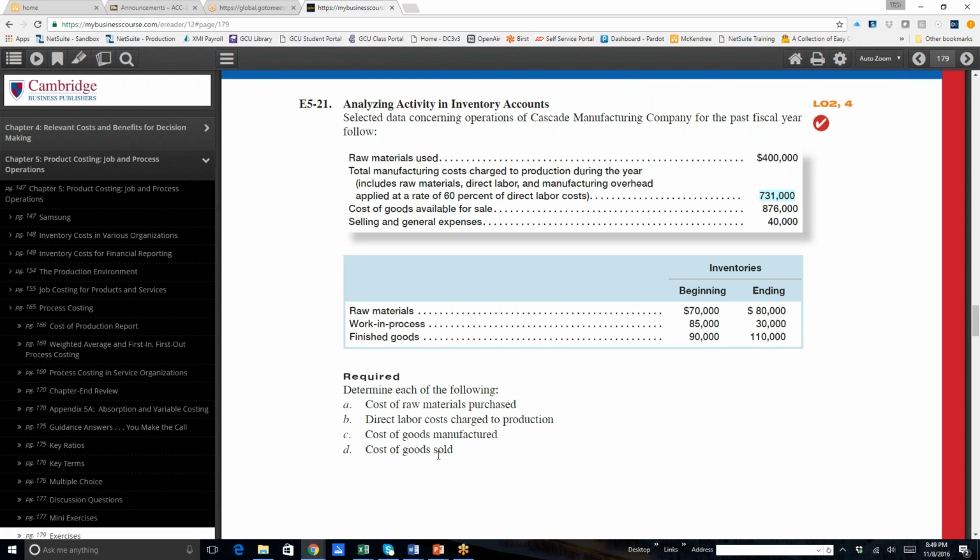So you have to treat D separately because your work in process is a different calculation than your finished goods. So the work in process is based off of these numbers, right? Your finished goods are based off of these numbers. So it's a different calculation. Does that make sense?